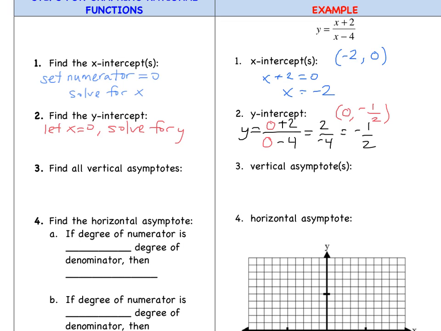It's when the denominator equals 0. So in order to find our vertical asymptotes, all we need to do is set the denominator equal to 0 and solve for x.